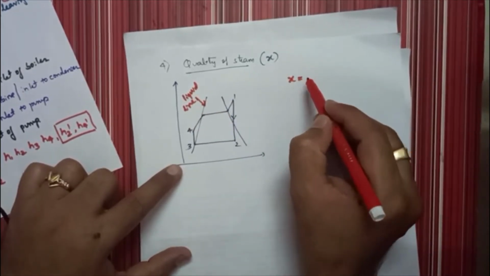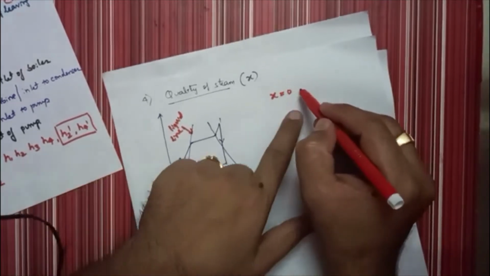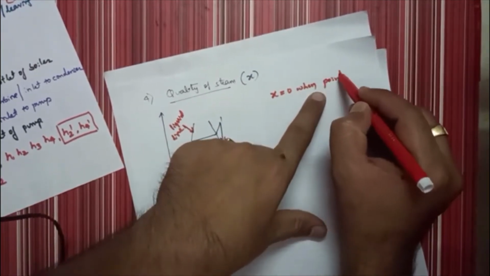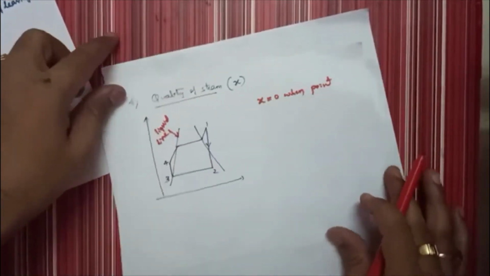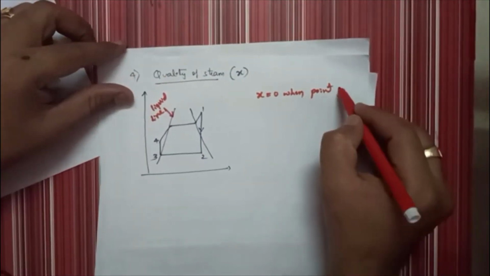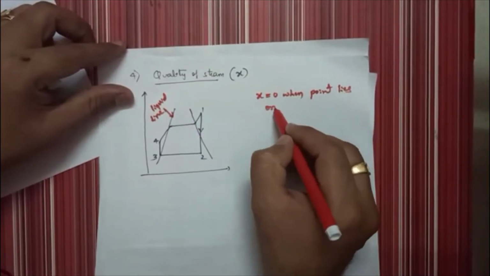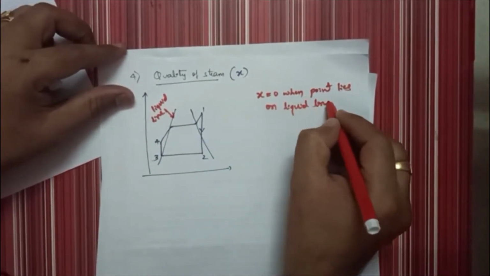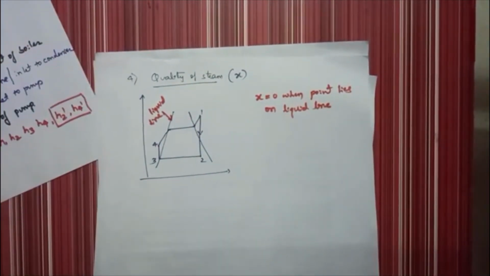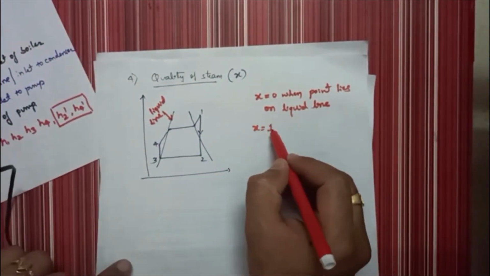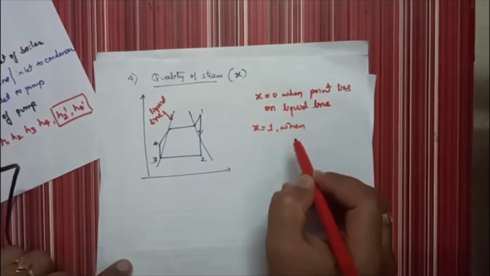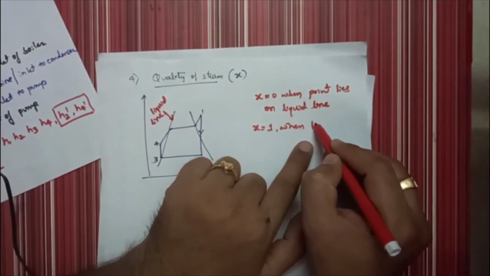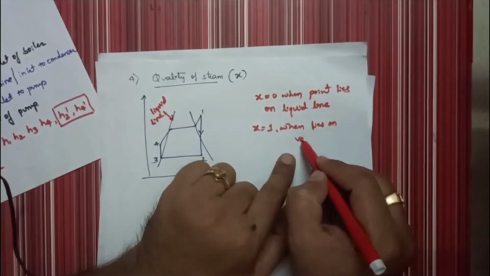X is equal to 0 when the point lies on the liquid line. What type of liquid line? Saturated liquid line. If X is equal to 1, when is it possible? If any point lies on the vapor line.